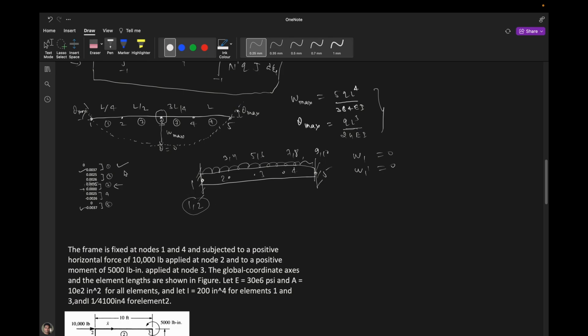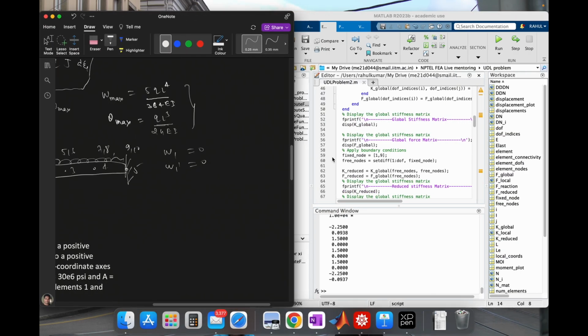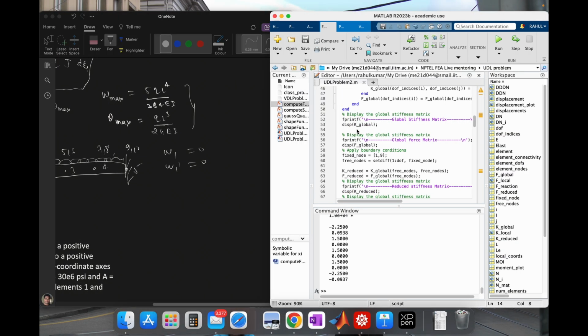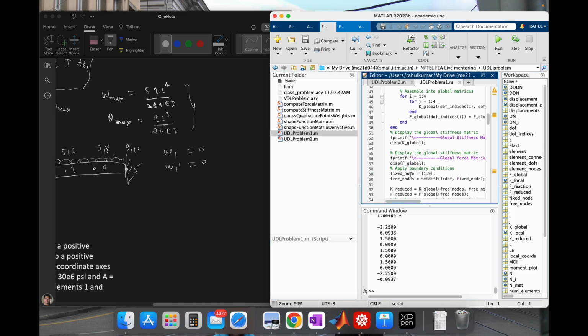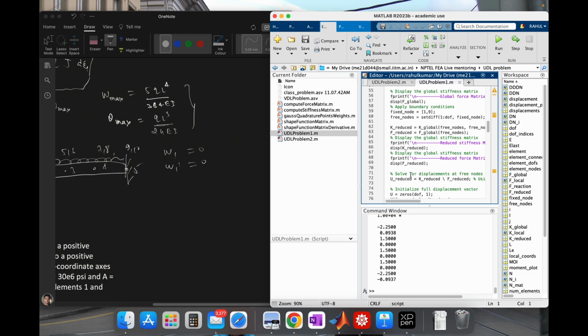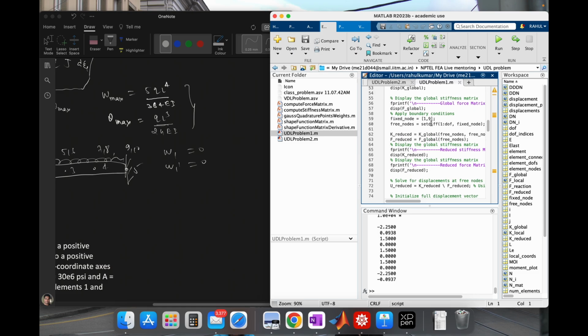In the previous case we fixed only 1 and 9.